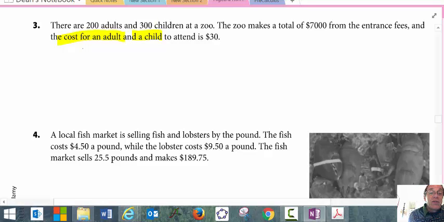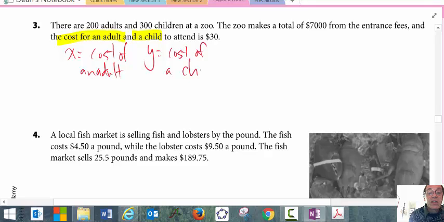So for the sake of argument, we're going to call X the cost of an adult ticket, and Y is going to be the cost of a child's ticket.